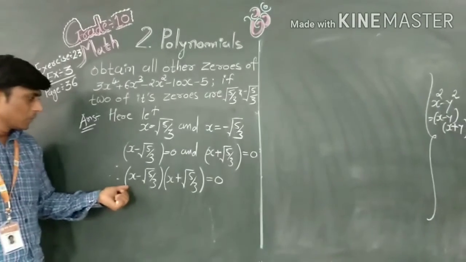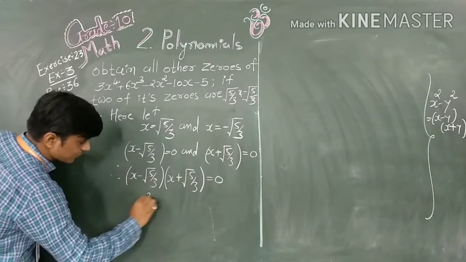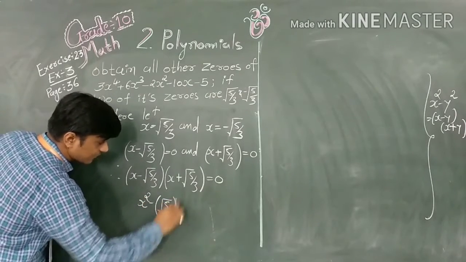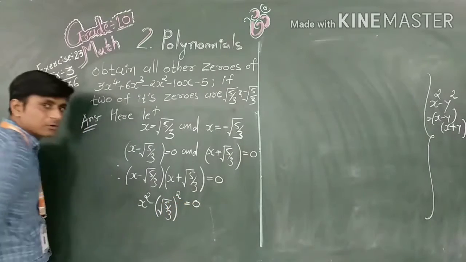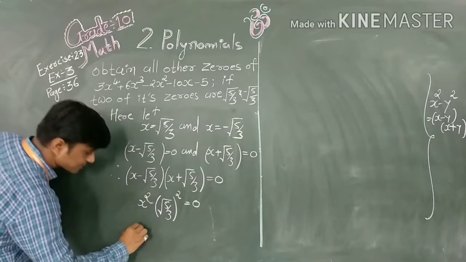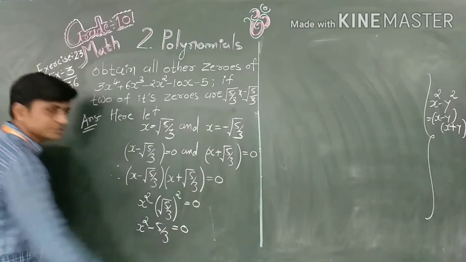Okay, look, the product of these two brackets is x square minus under root 5 upon 3 whole square is equal to 0. That means the square and square root cancel. We have x square minus 5 upon 3 is equal to 0.